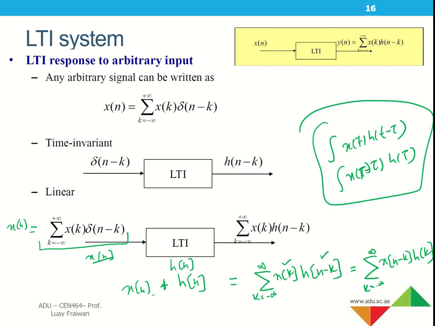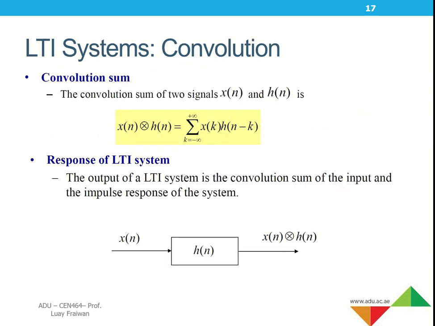So basically, if you want to convolve the two signals, for example, this is your output. Let's say you want to calculate the response at n equal to 0. Then y of 0 will be equal to x of 0 times h of 0, when k is 0.